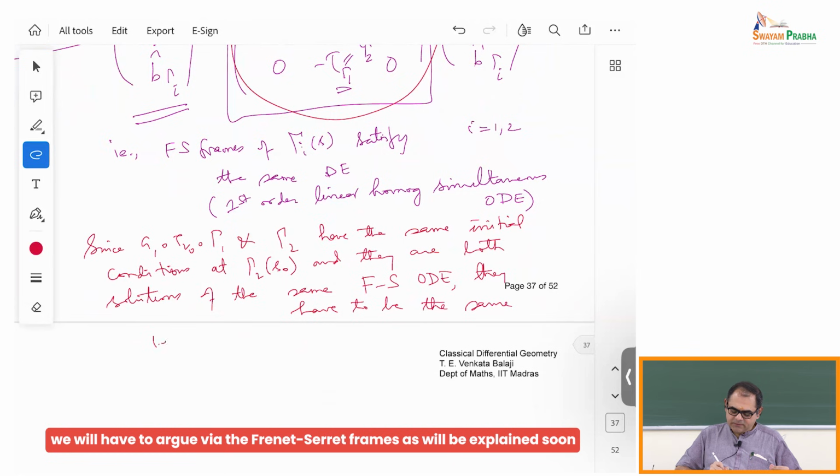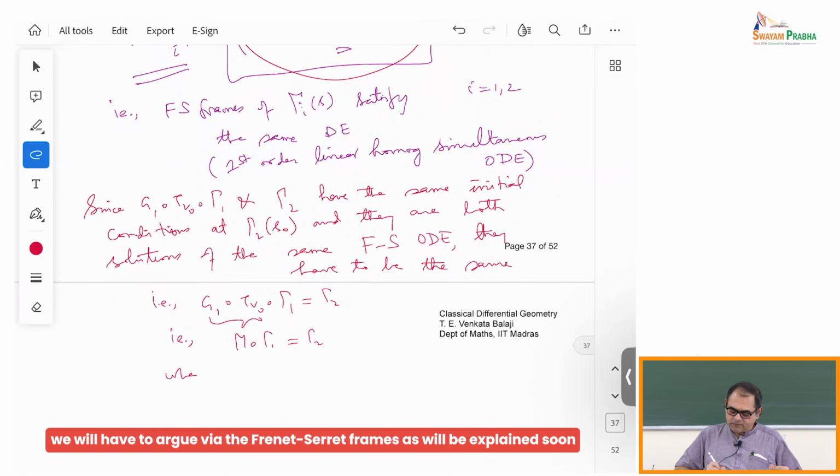That is, you get G1 circle TV0 circle gamma 1 is equal to gamma 2, and that can be written as M circle gamma 1 is equal to gamma 2, where this M, G1 circle TV0, is a rigid motion.